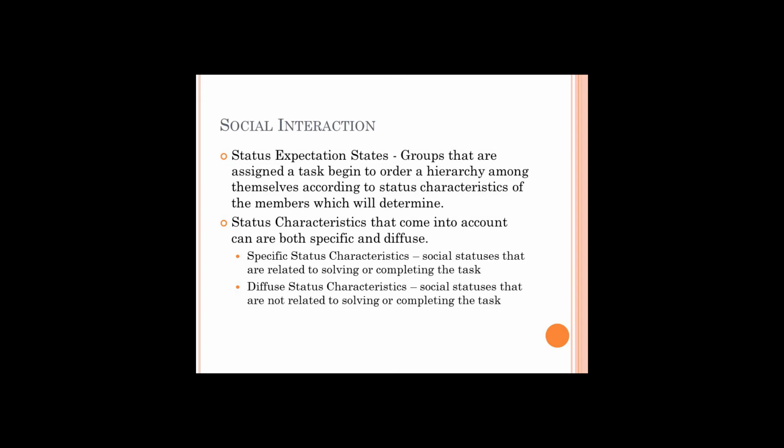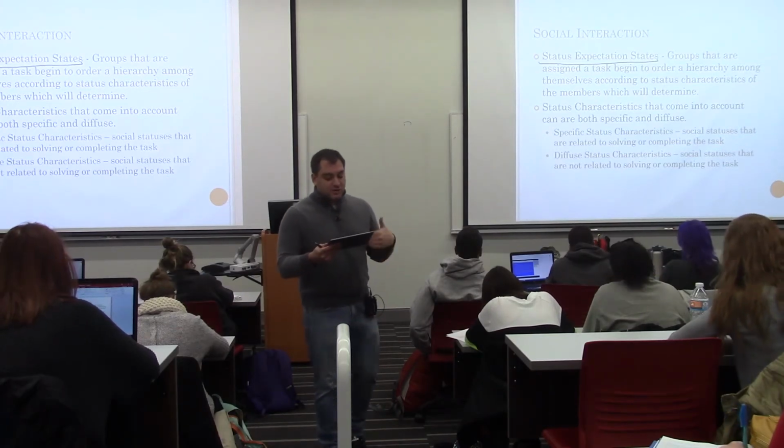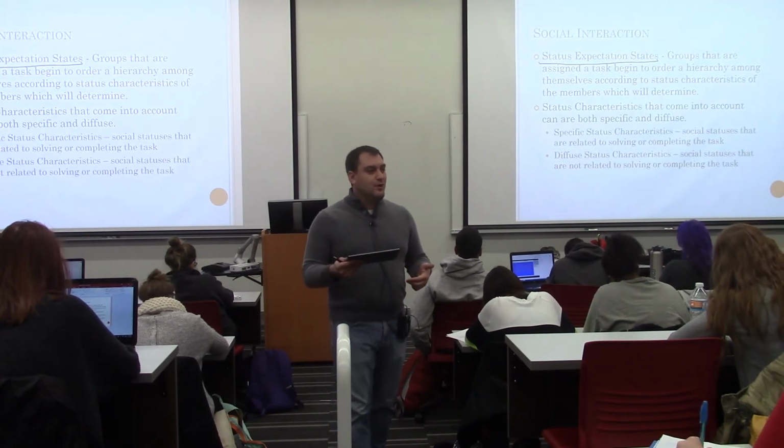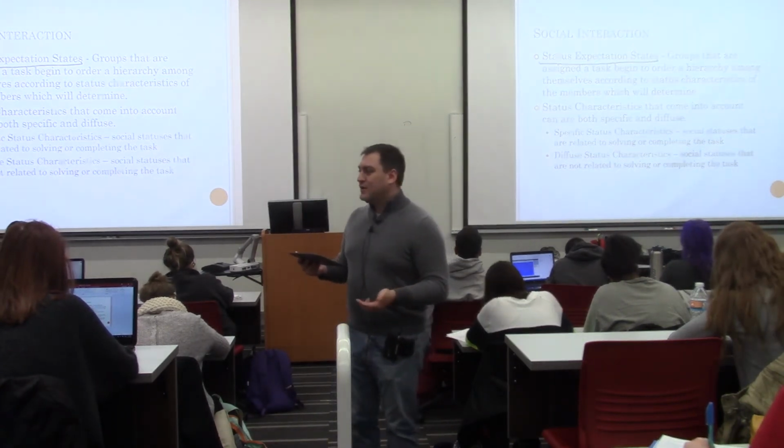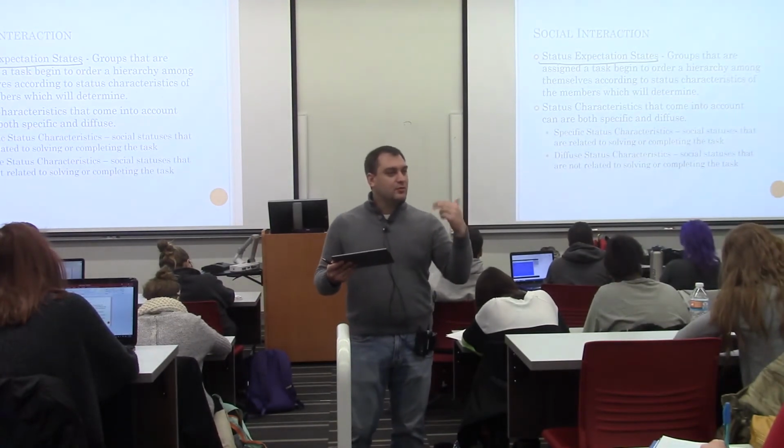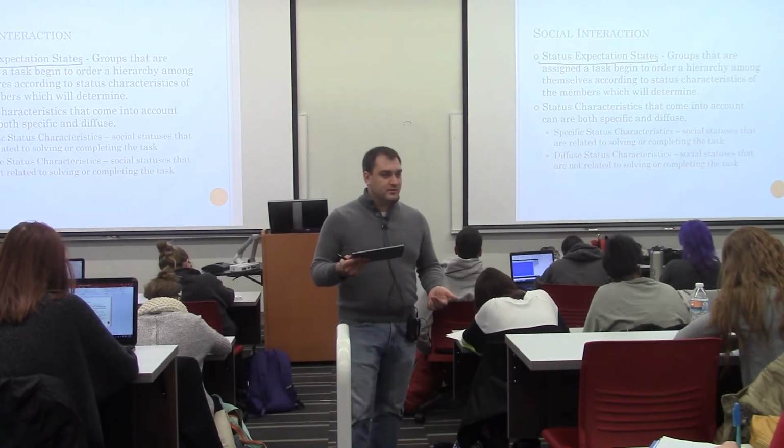It notes that when groups are assigned a task, if you get 3 people or 4 people or 5 people together and give them a task to do, it could be something as simple as building a puzzle, what happens is they begin to order a hierarchy, with leaders on the top, followers on the bottom, which is typically created according to whose statuses in the group are deemed more important versus less important.